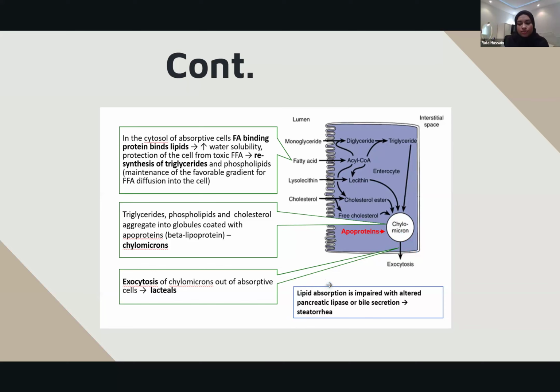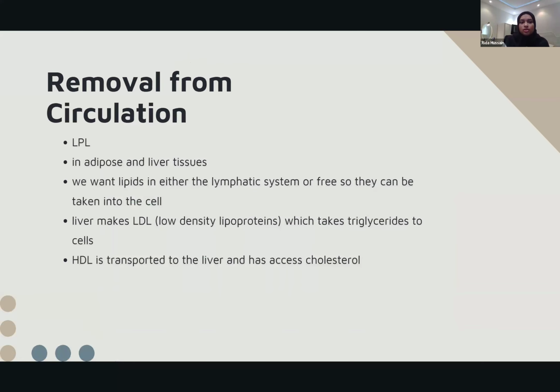Now exocytosis of the chylomicron happens out of the absorptive cells into either lacteals and/or the blood circulation. If it goes into the blood circulation, it mainly circulates as lipoproteins such as VLDLs, LDLs, and HDLs. We'll get into that. First, I want you to know about this enzyme, LPL, lipoprotein lipase. This is an enzyme present in the endothelial cells of the adipose and liver tissues.